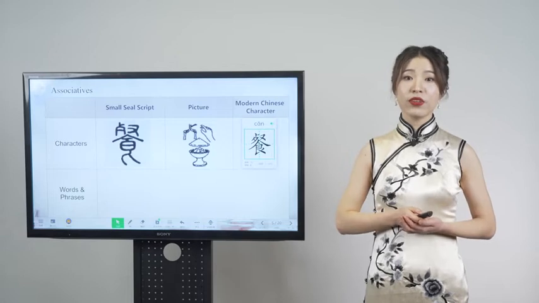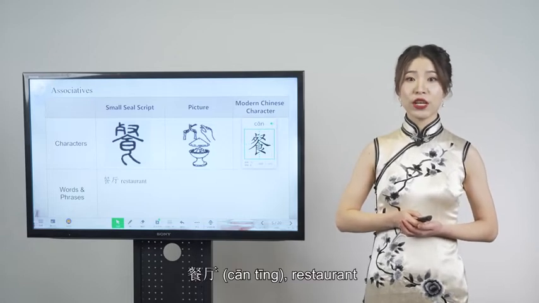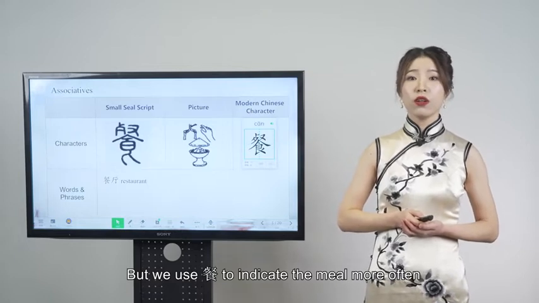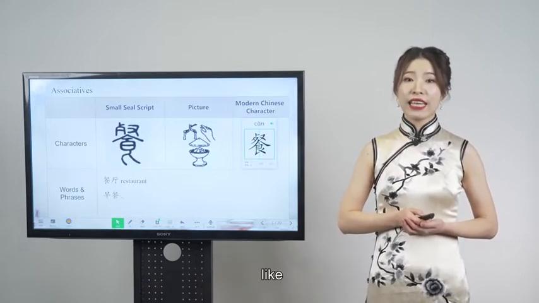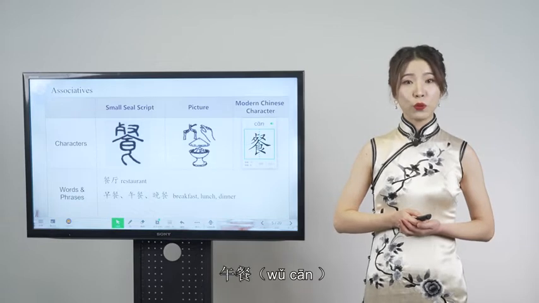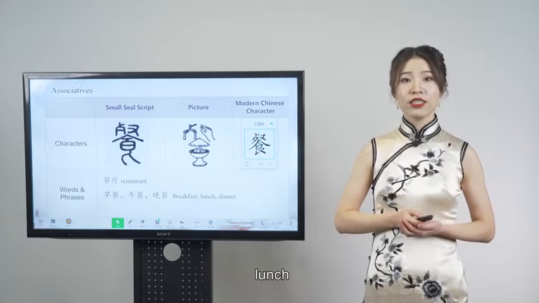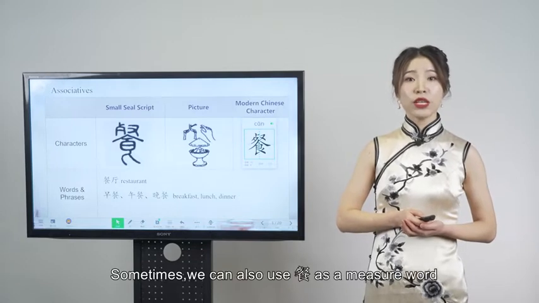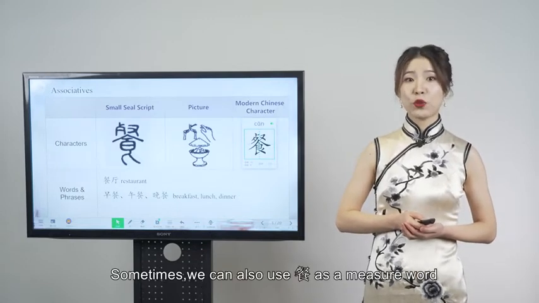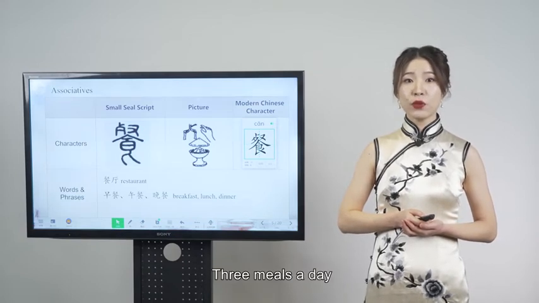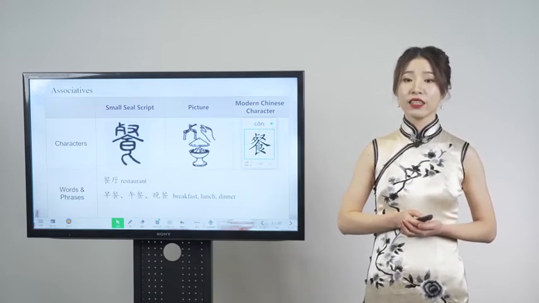For example, 餐厅, restaurant. But we use 餐 to indicate the meal more often, like 早餐, 午餐, 晚餐, breakfast, lunch, dinner. Sometimes we can also use 餐 as a measure word. For example, 一日三餐, 3 meals a day.